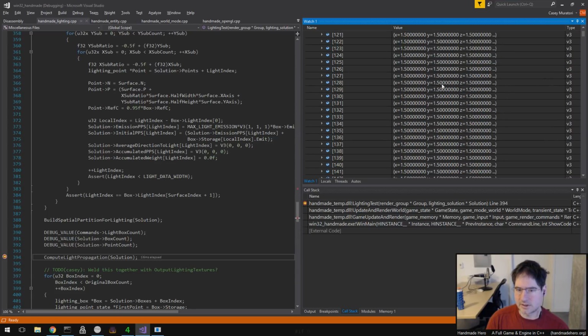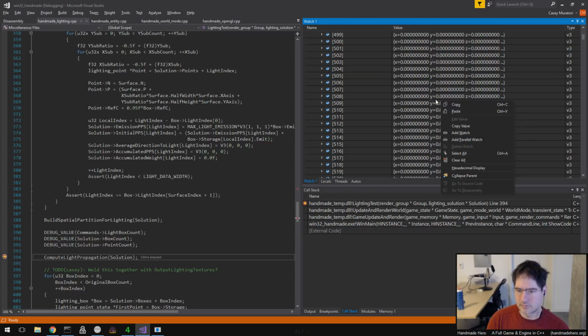I don't know how we got emission values of 1.5. That's not supposed to be. It's supposed to be 0 to 1.